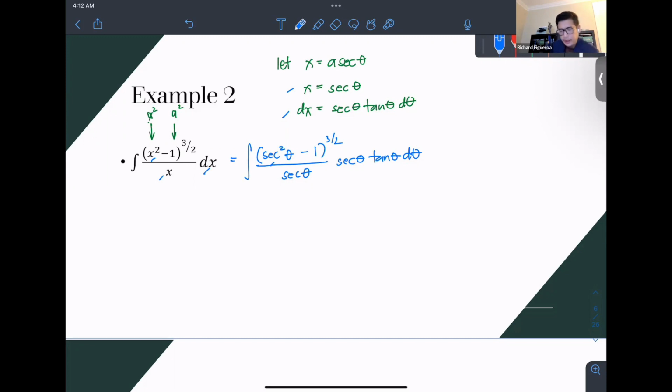Our dx is secant theta tangent theta d theta.